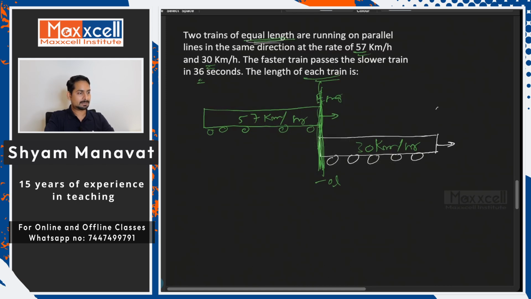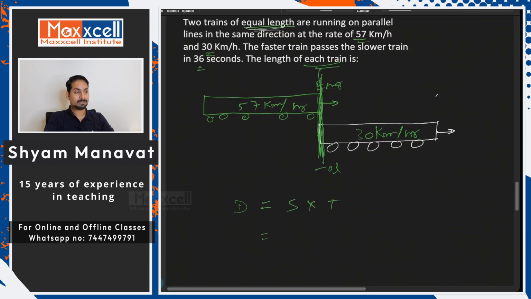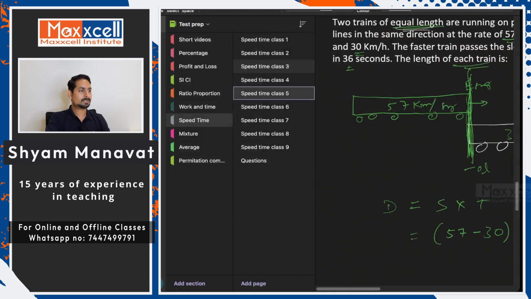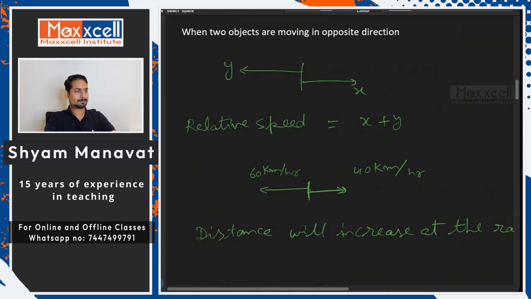So I will write distance is equal to speed into time. Speed is what? Relative speed: speed of the first object, which is 57, minus speed of the second object. When two objects are moving in the same direction, relative speed is x minus y. Refer to the third lecture of speed time distance.